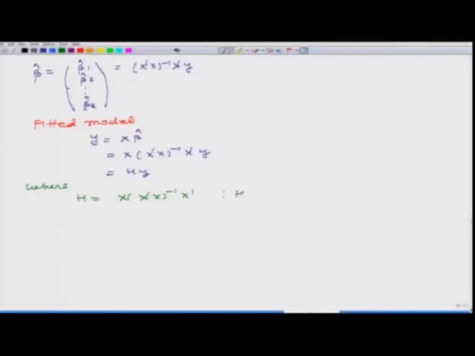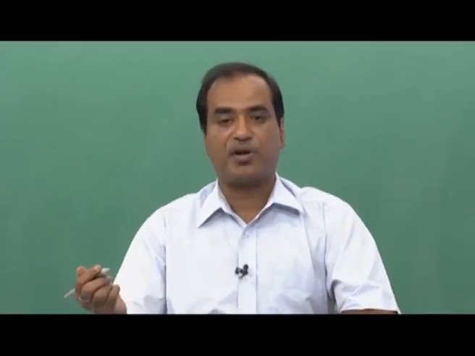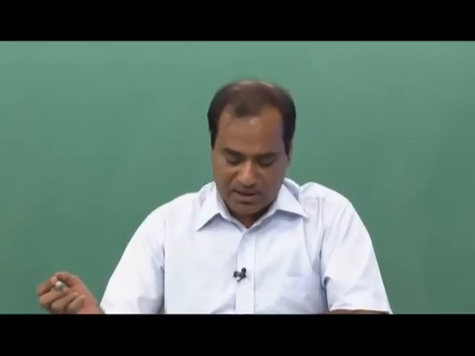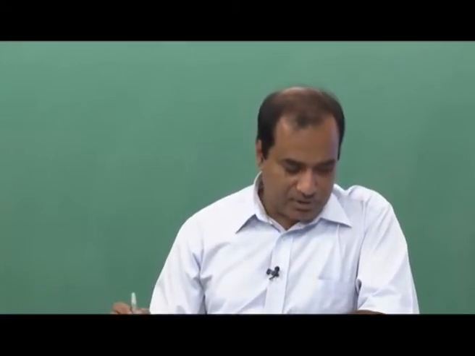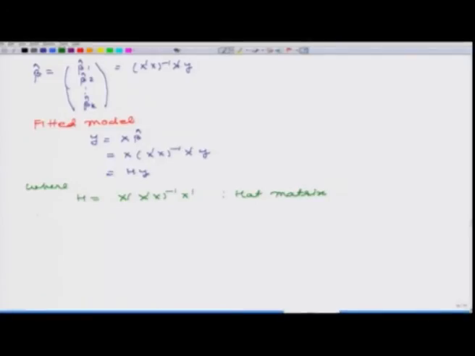This matrix is called the hat matrix, and you will see later that it plays an important role in linear regression analysis, and it has some nice properties. Before that, I can also define another quantity, H bar, which is I minus H, where I is an identity matrix.